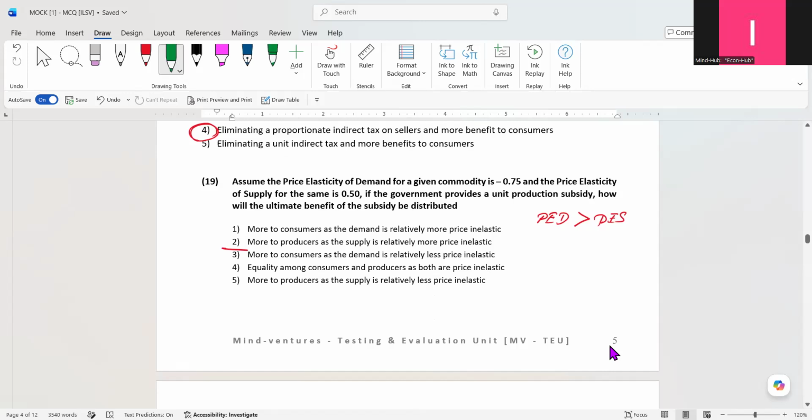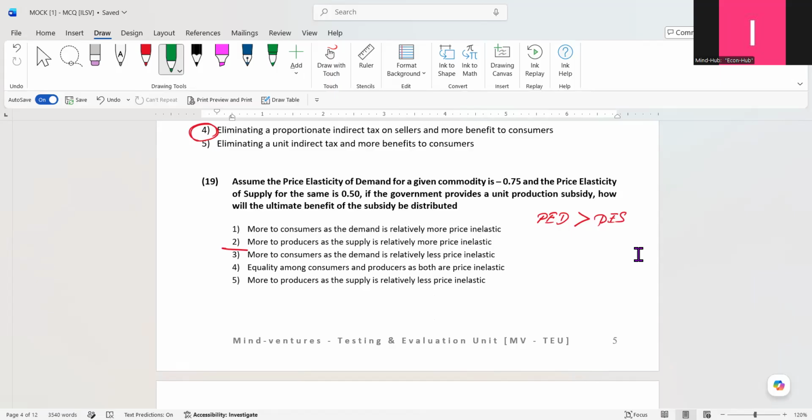Question 19. Assume the price elasticity of demand for a given commodity is minus 0.75, so inelastic. Price elasticity of supply for the same is 0.50, which again is inelastic.